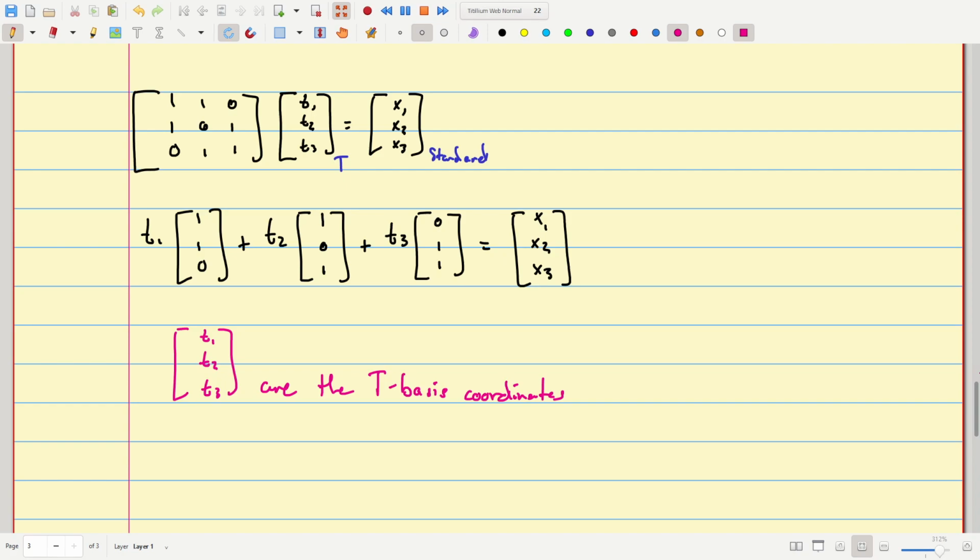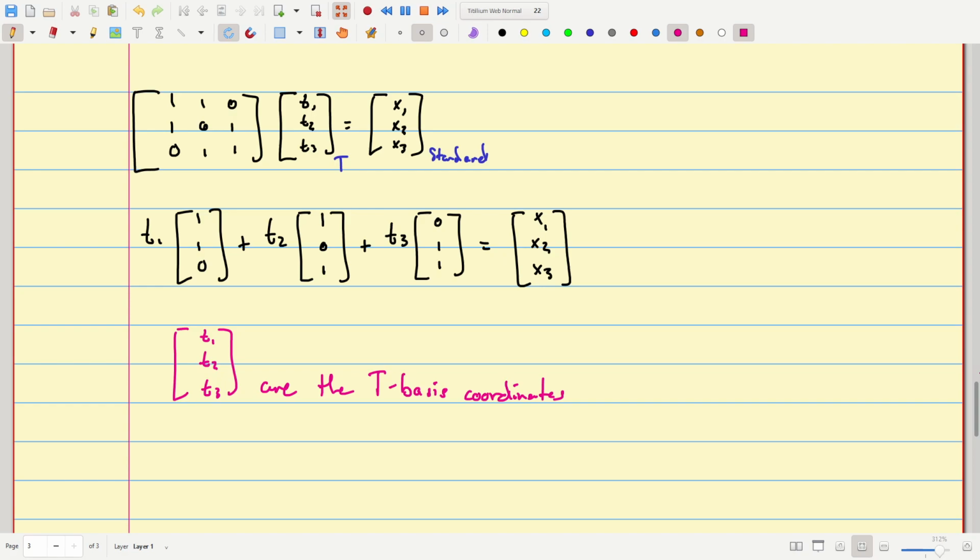Now, some jerk asked you on your take-home exam to, instead of going from the standard basis to a different basis, or from a different basis to the standard basis, go from a non-standard basis to a different non-standard basis. Okay?